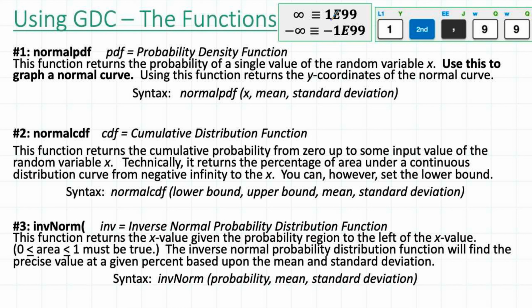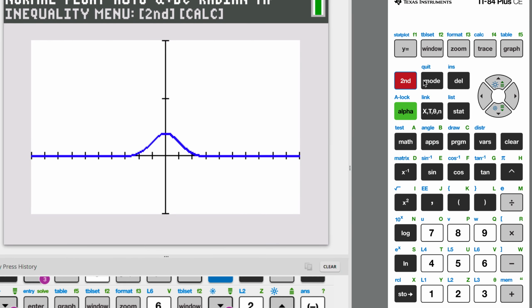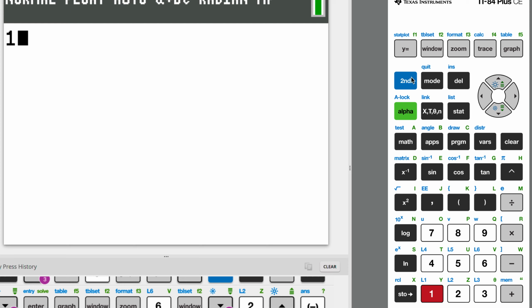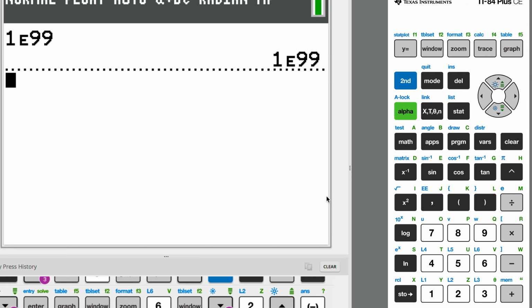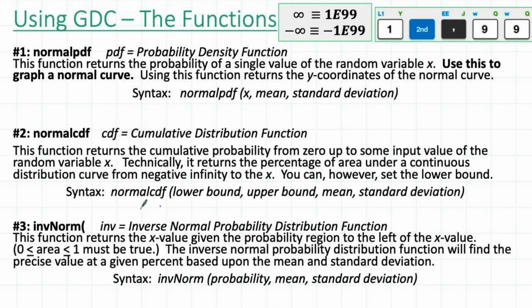One way to write the big number, positive infinity, is to say 1e99, or 1 times 10 to the power of 99, and negative infinity would be negative 1e99. So you'd go 1, and then e is here, and then 99. So this would be an equivalence to infinity.